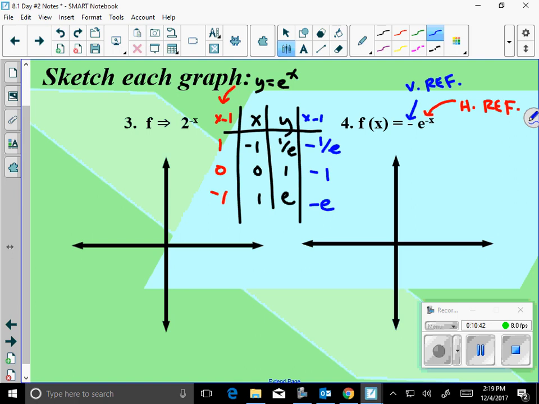Now, if I were to plot these points, 1, -1 over e would be right about here. 0, -1 would be right here. And -1, -e would be right here.